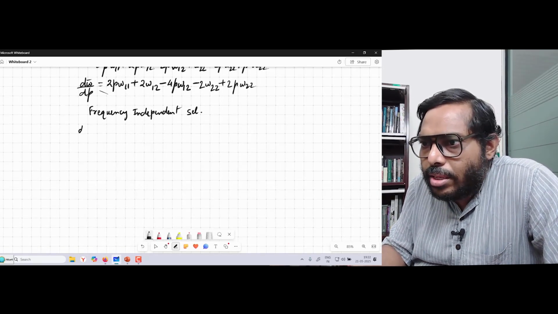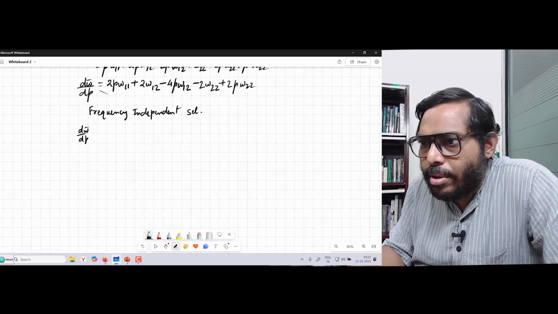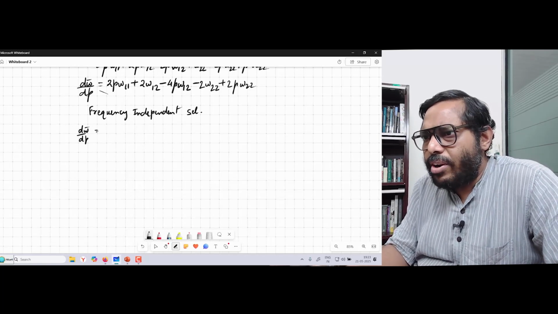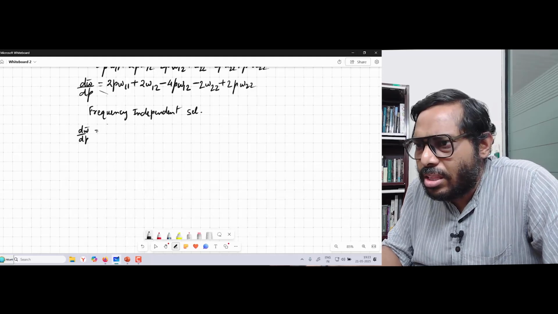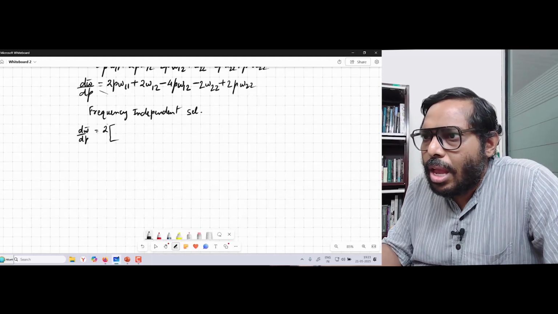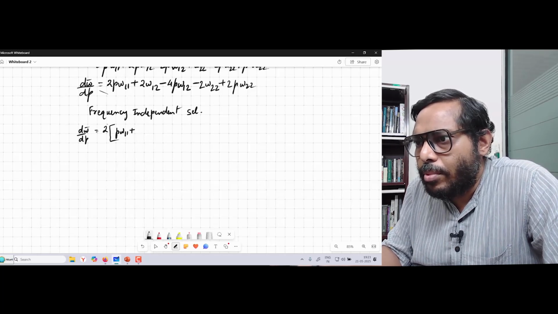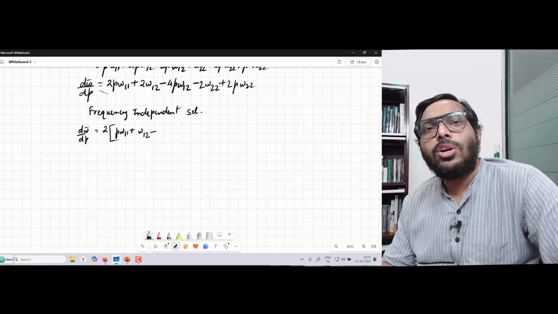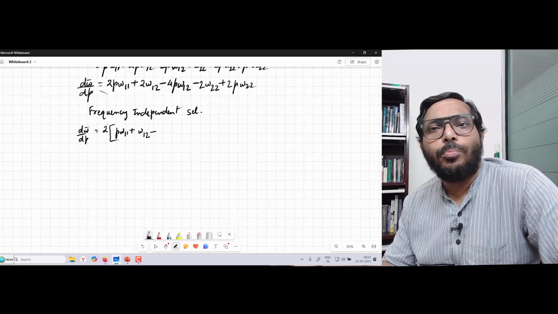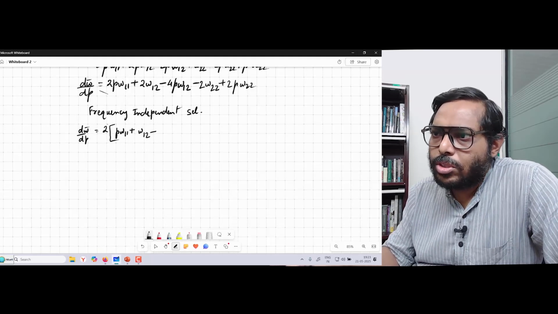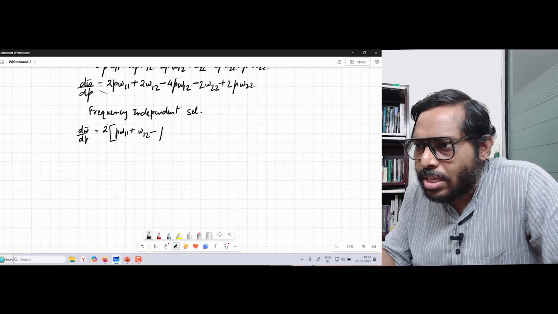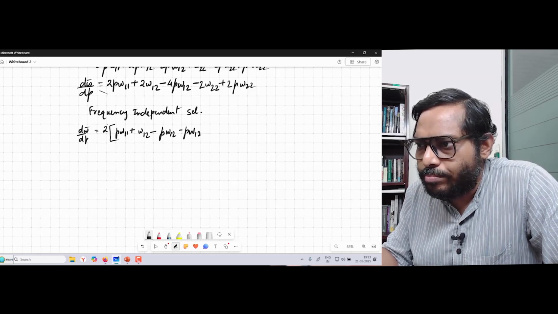Now I can write dW bar dP is equal to, see I have a 2 everywhere, right. So I will just take this 2 outside and this becomes P W11 plus W12 minus, so I have taken 2 outside, so I have 2PW12 inside. So this 2PW12 I will write as minus PW12 and again minus PW12.